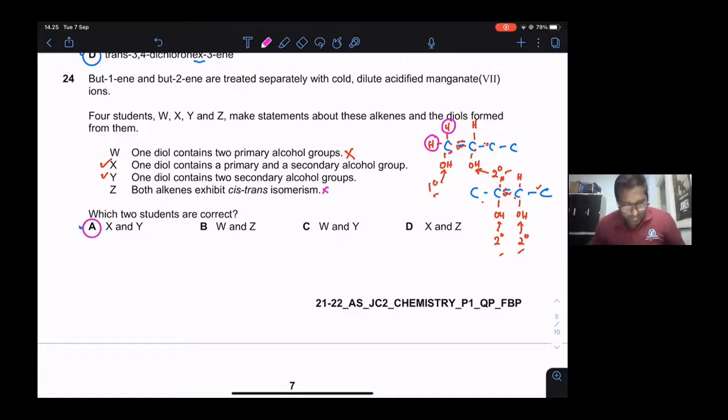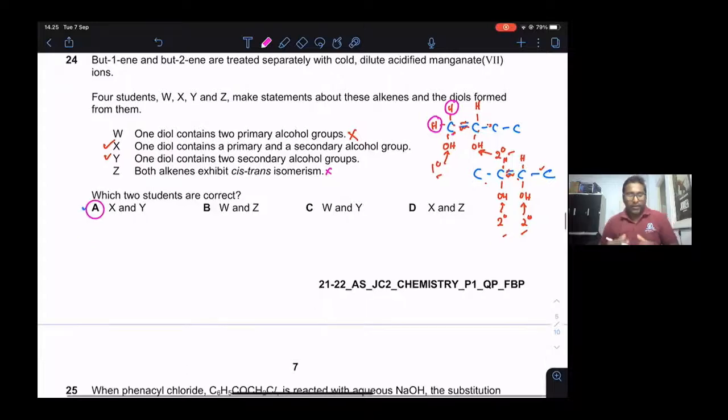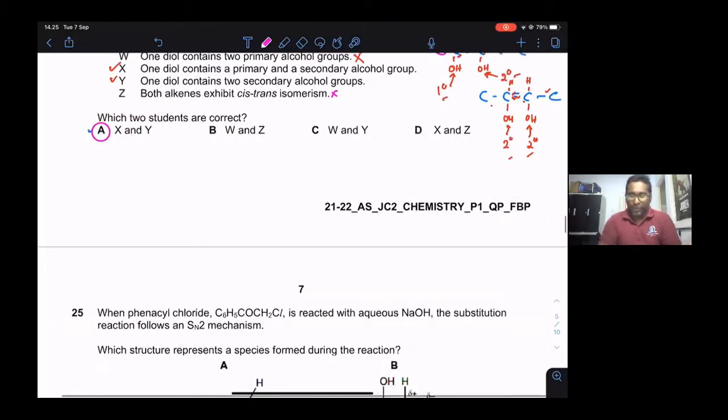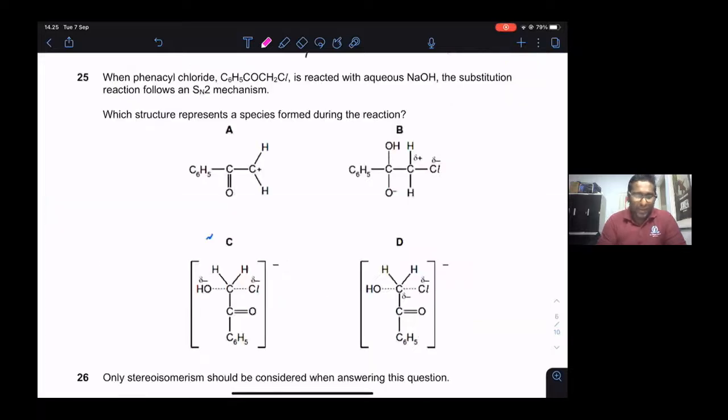Okay, next. So 25. When this compound reacted with aqueous sodium hydroxide, a substitution reaction that follows SN2. Do remember, if I draw this, C6H5, then C double bond O, and then you have CH2 and you have Cl.